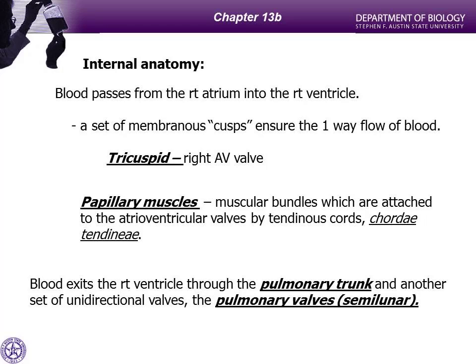So one of our heart sounds that we're going to look at are going to be the atrioventricular valves closing. Both the right and the left close at the same time. Both are comprised of the same components. The one on the right has 3 cusps, and the one on the left is going to only have 2.